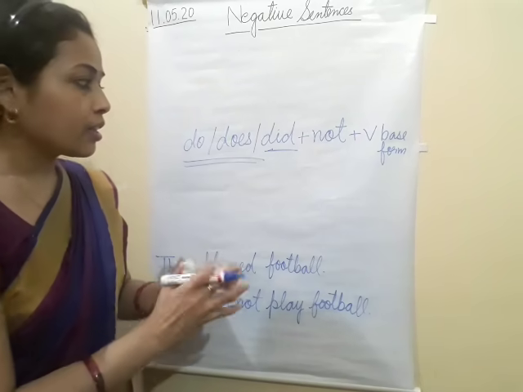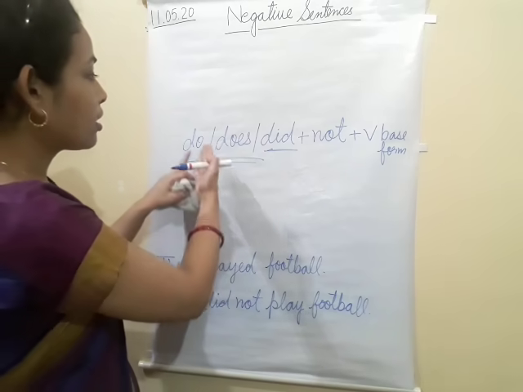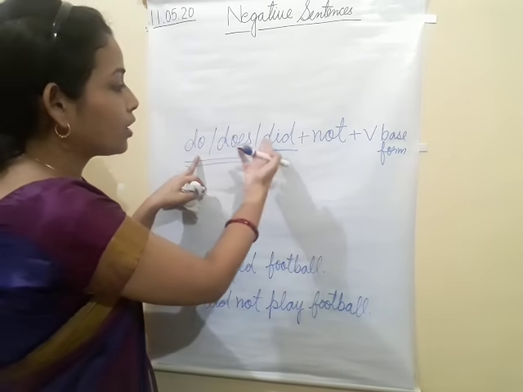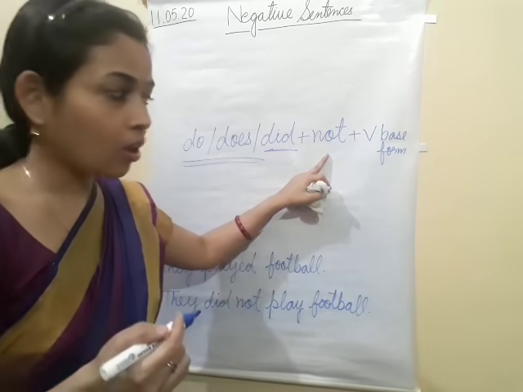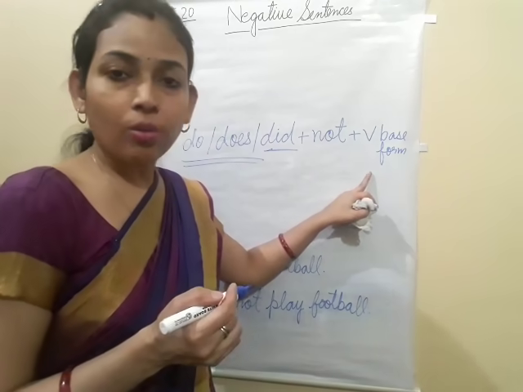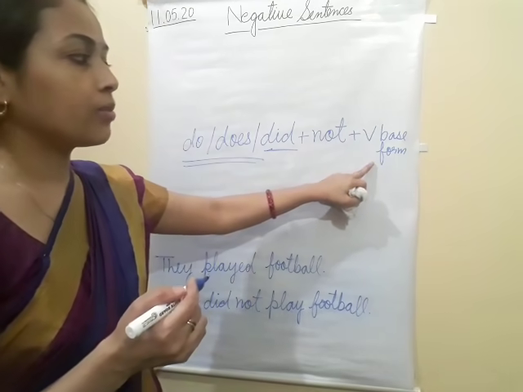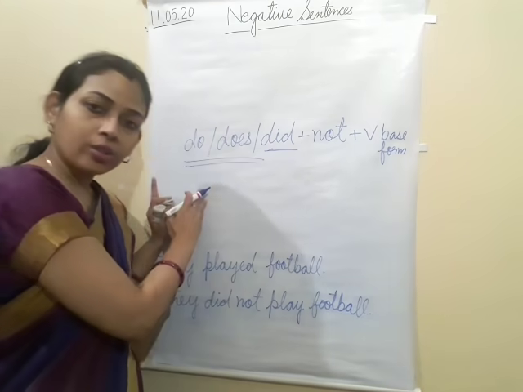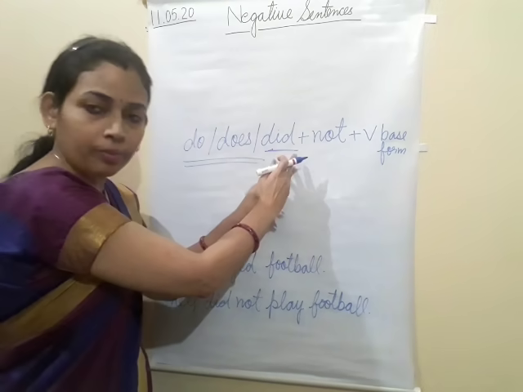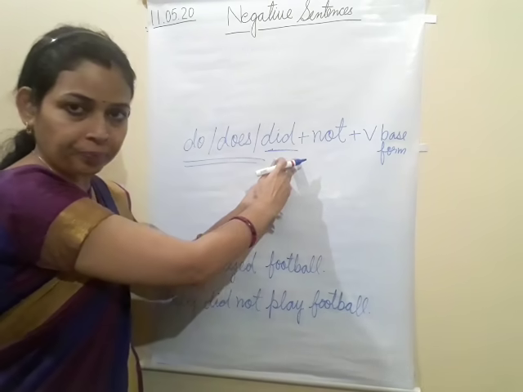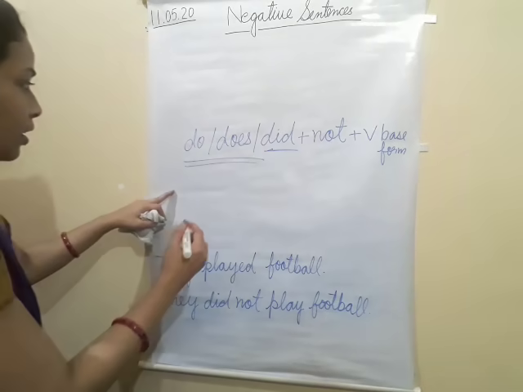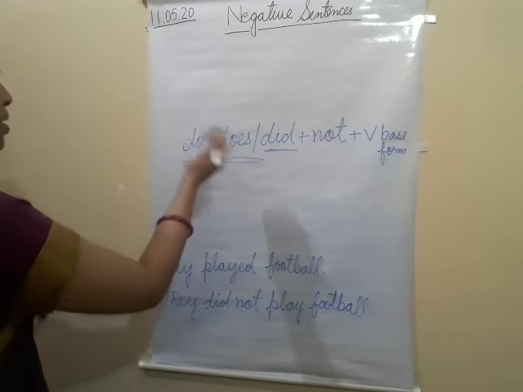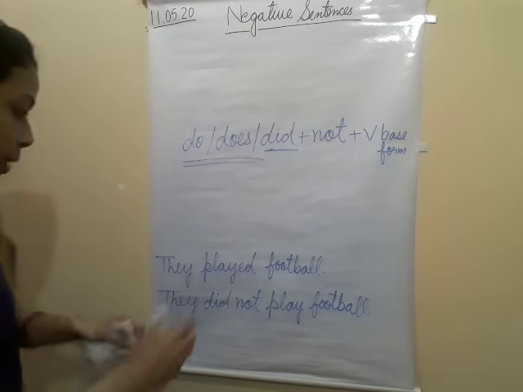But the structure will be like that. With do, does, did, we use not and verb base form only. Verb base form we will use in simple present also and in simple past also. Clear?